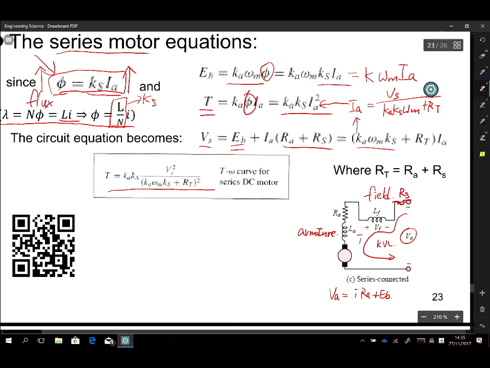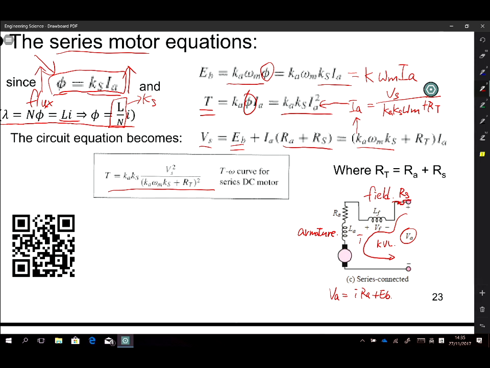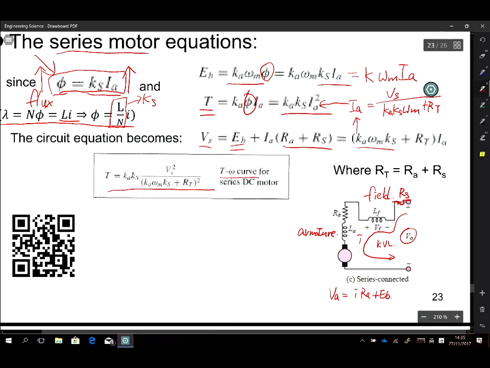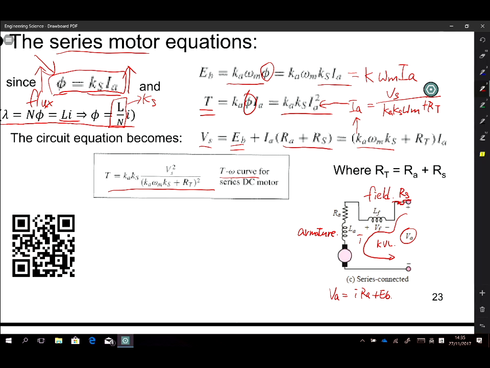If you look at this equation very carefully, this is what we call the torque-speed curve for a motor. Remember, for every motor, we look for the torque and omega relationship.